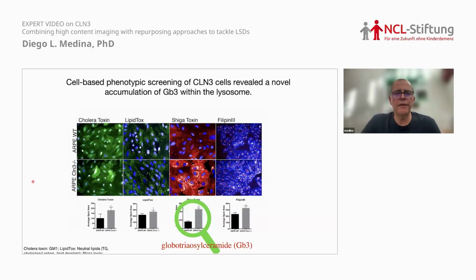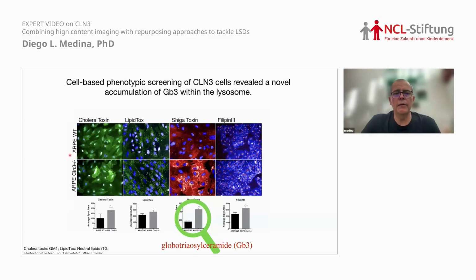So we use different reporters of different lipids, for instance, cholera toxin to detect GM1, LipidTox to detect neutral lipids, Shiga toxin to detect globosides or GB3, and Filipin staining to reveal cholesterol accumulation.